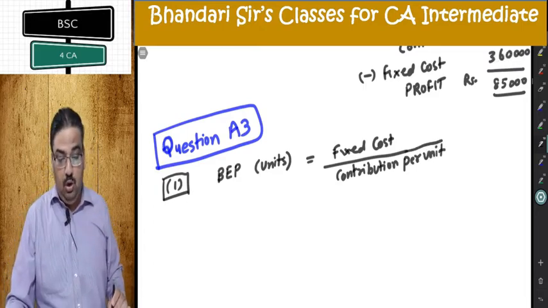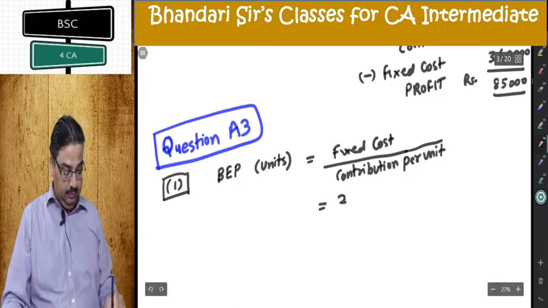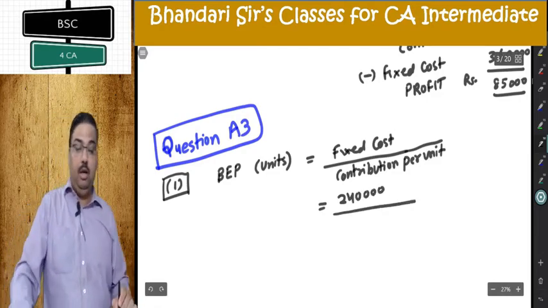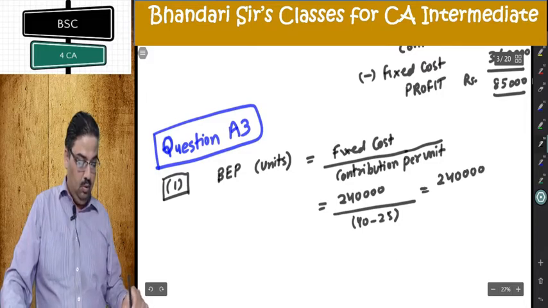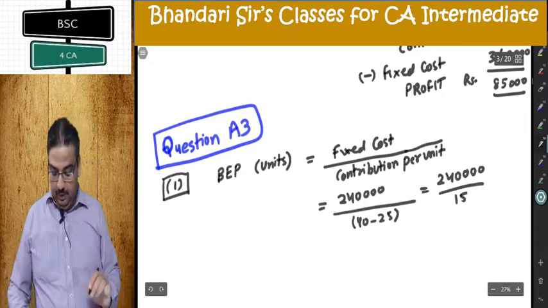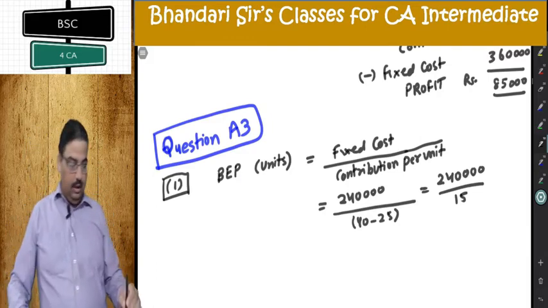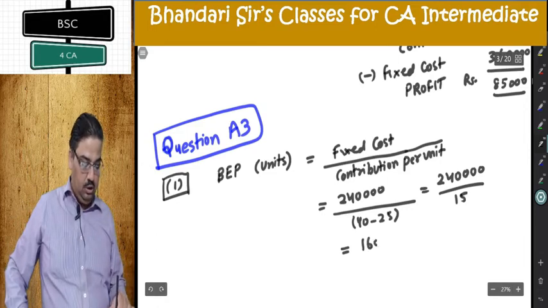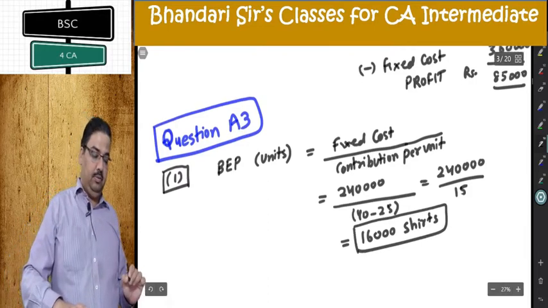So fixed cost, I add 120 plus 80 plus 40, 2,40,000. Divide by contribution per unit, 40 minus 25, 15. 2,40,000 divided by 15. So I get 16,000 shirts. Units or shirts, one and same thing here. That is in units.